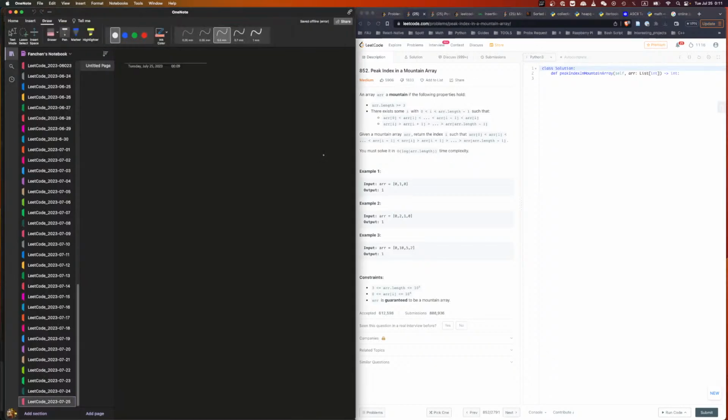So we have this. Right, and we don't want to find the indices of these things. And of course, O(n) can work. O(n) will always work.